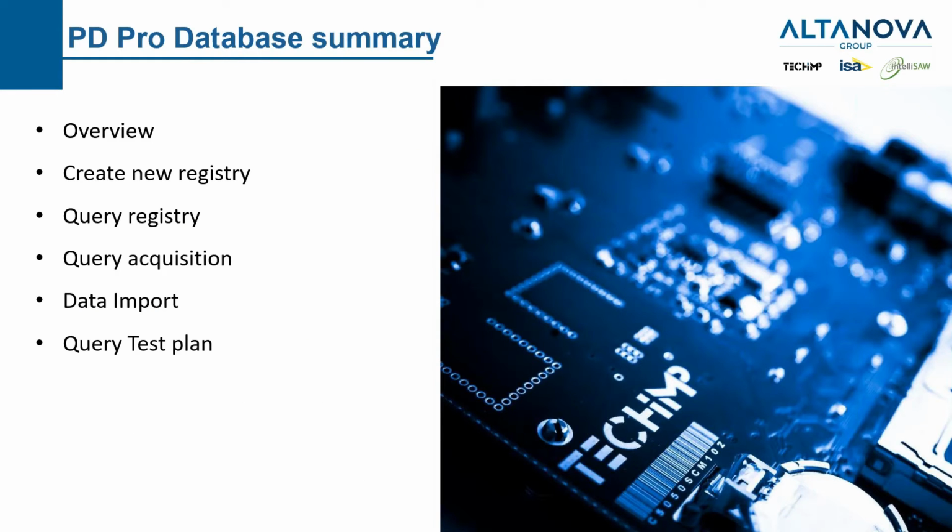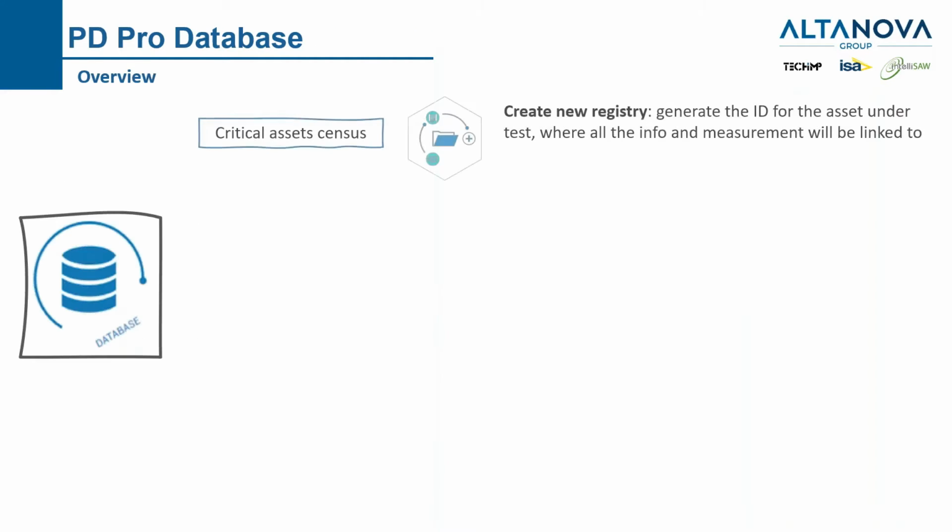Let's take a look now at the PDPro database. We will see how the DB can be created and how we can manage the data in the DB. First of all, we need to create a census for the registry. So every asset will have its own identification in the DB.